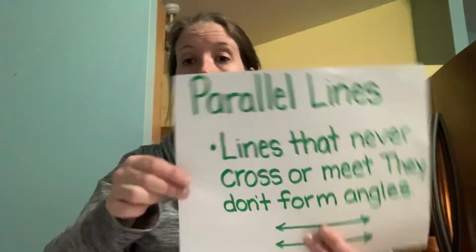Okay? So those are different ways we can describe the shapes of our polygons by thinking about the types of lines they make. Parallel, perpendicular, which is a special type of intersecting line. So when you do your activity today, I want you to think about those descriptions. Do my lines go straight and never meet and cross?